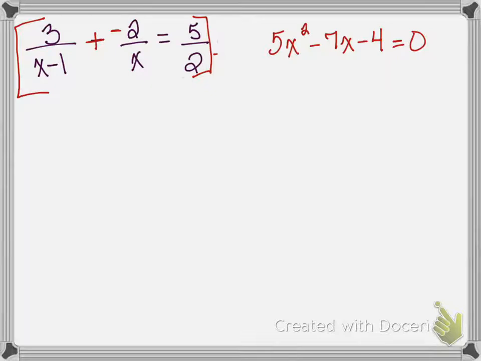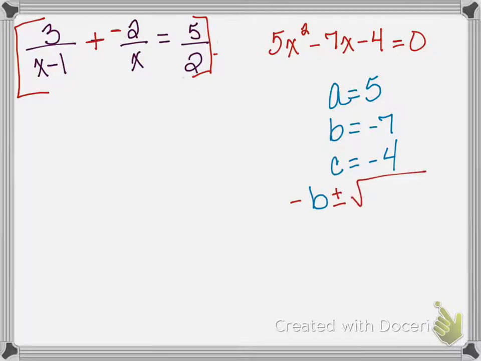So I'm going to identify my A, which is 5, my B is negative 7, and my C is negative 4. So I have negative B plus or minus the square root of B squared minus 4AC, all over 2 times A.